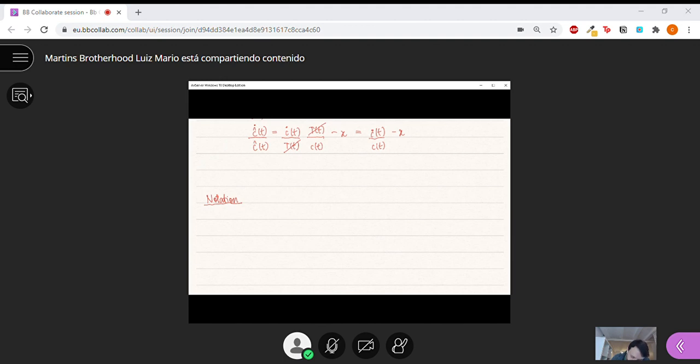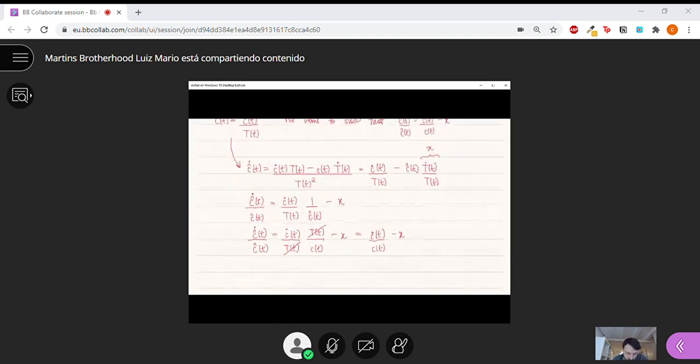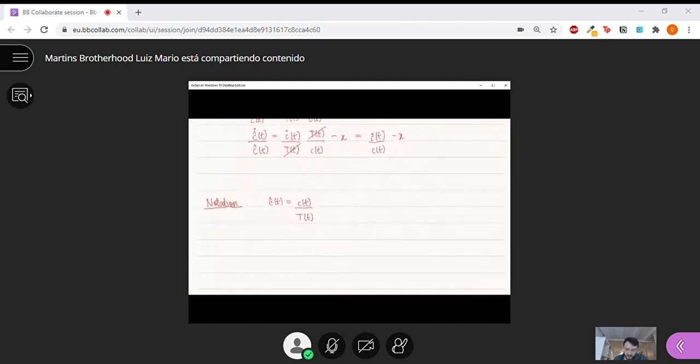So c hat of t is c over big T. And the derivative of c hat with respect to time, remember that we are using the notation that for the derivative of any variable with respect to time, you write a dot above the variable.